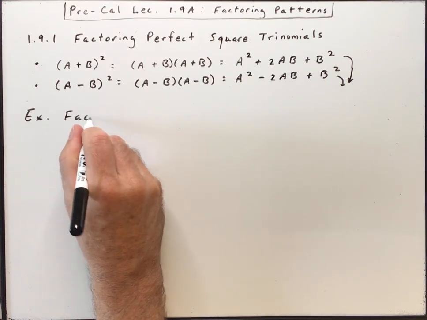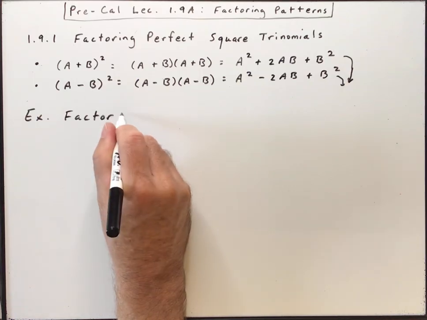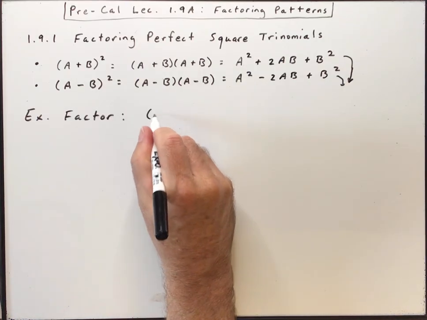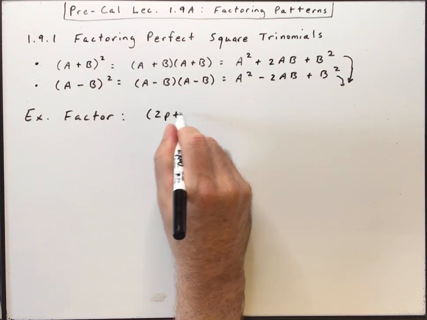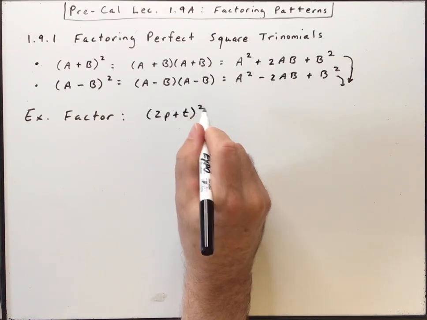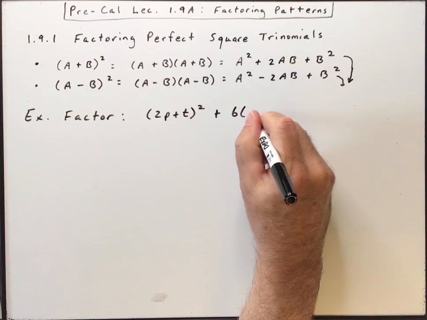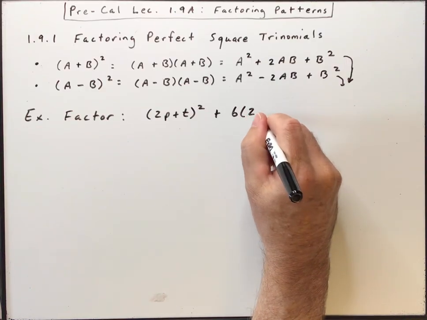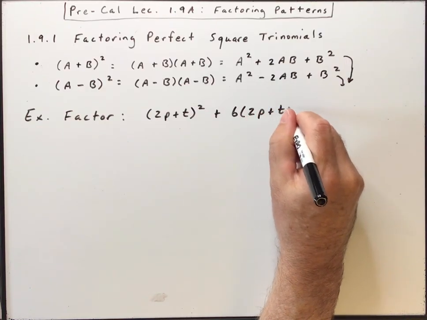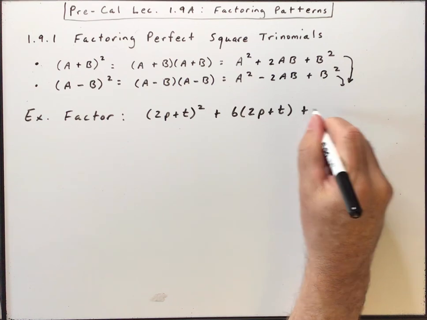So let's say we're asked to factor (2p plus t) all squared plus 6 times (2p plus t) plus 9.